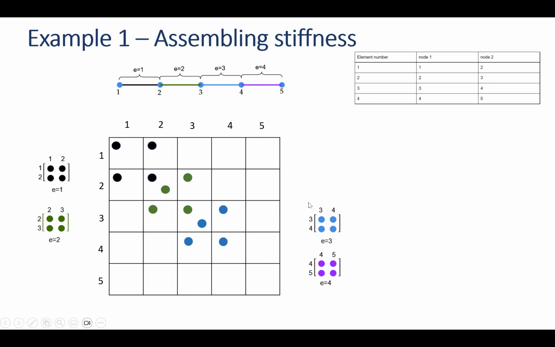Similarly, we assemble the element stiffness matrix for element 4. So this is how the symbolic assembly process works.